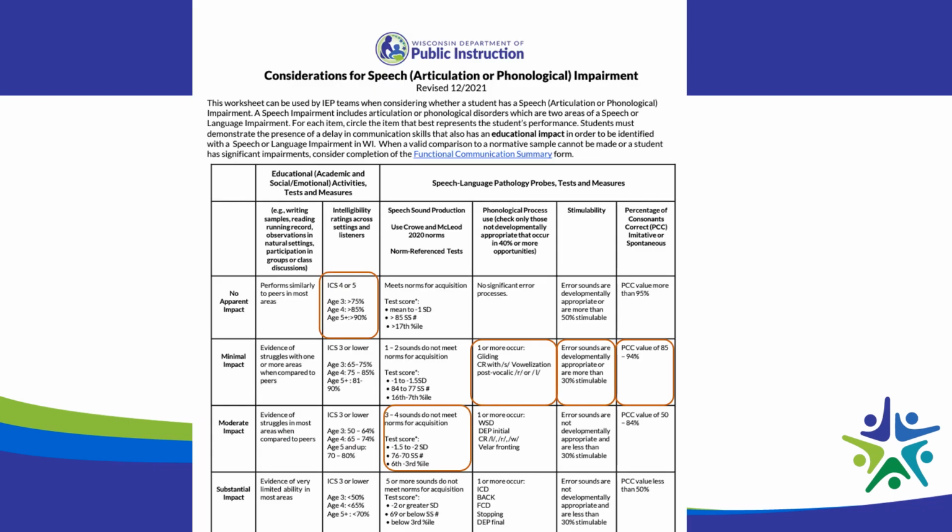So looking at the speech and phonology worksheet, we see that there is a moderate impact when we look at the norm reference scoring. We see that maybe a bit more minimal when looking at stimulability and overall intelligibility. But we have this educational aspect here, right? There is a definite struggle in the area of reading.